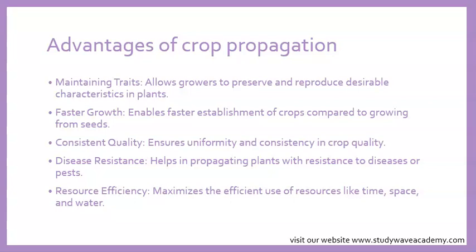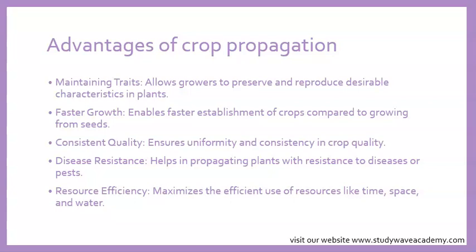Consistent quality ensures uniformity and consistency in crop quality. Okay, same quality ensures all crops are similar in quality. Do we understand?